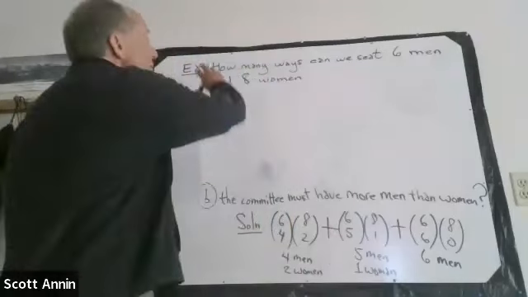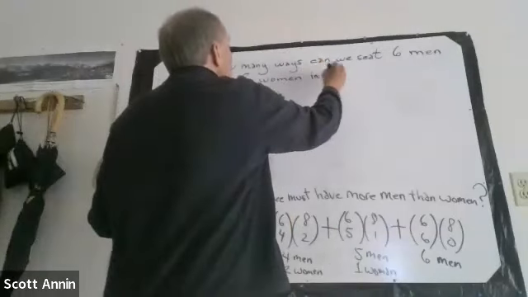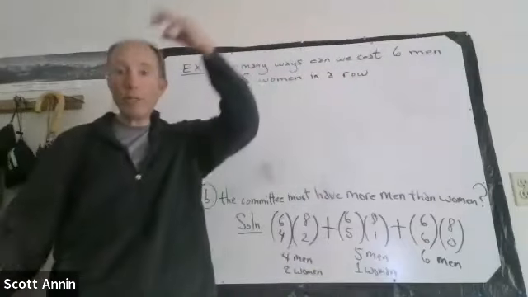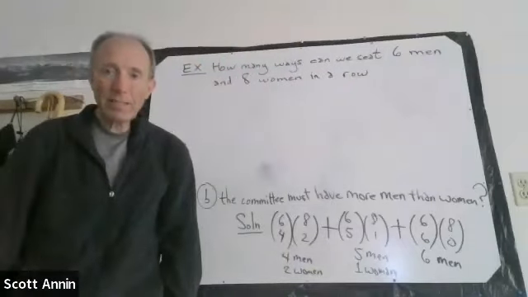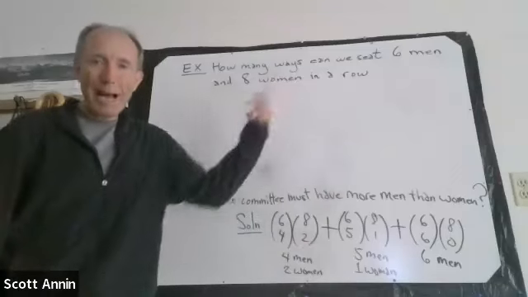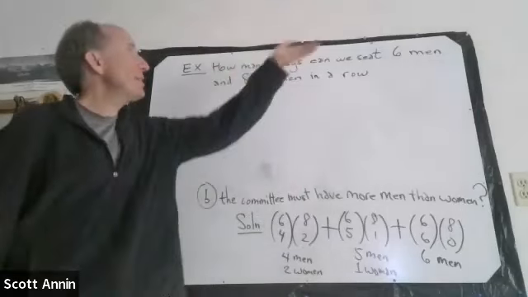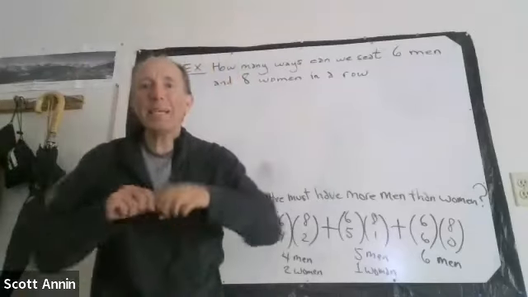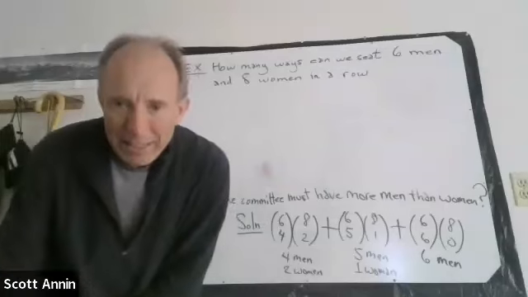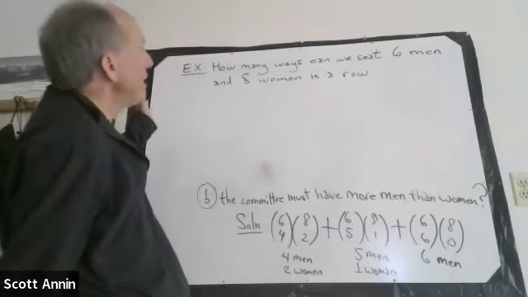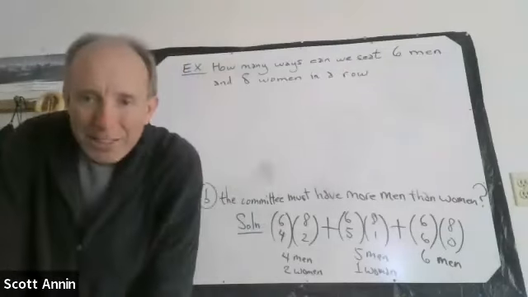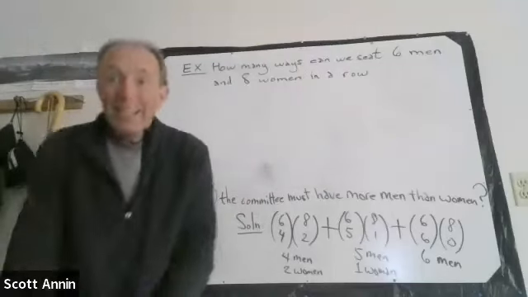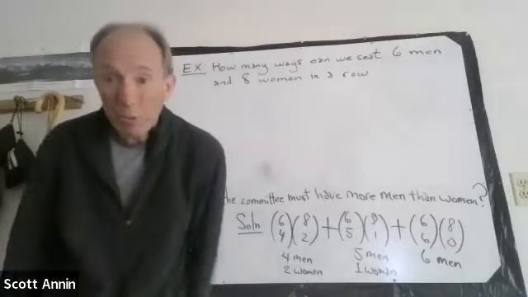So how many ways can we seat 6 men and 8 women in a row? If I just stopped right there, that's the whole question. This is not where I'm going to stop. But if I stopped with just that, there's no reference to why somebody has to be a man or a woman in a particular seat. So you basically have 14 slots or chairs, and you have 14 factorial ways to just set people down however you would like.